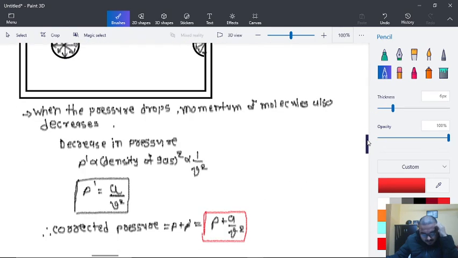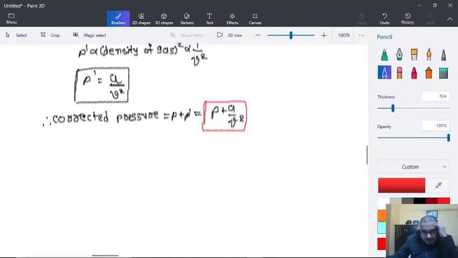The modified equation will be, see, previously it was PV is equal to RT, and here we are having P plus A by V square into V minus B equal to RT.